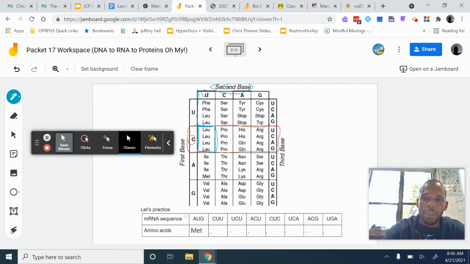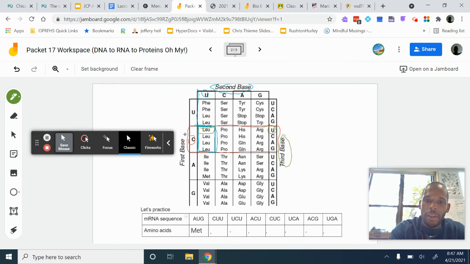And then my last one, third base, which is over here. Second base, third base. Here's my final U. So we look for where first base, second base, and third base cross paths. There's my answer.